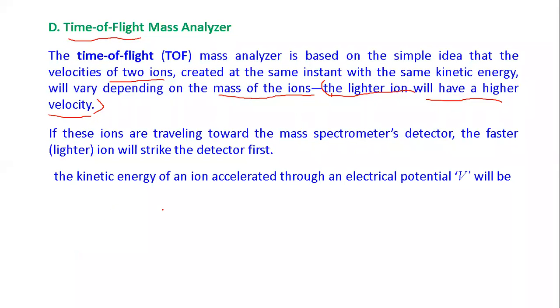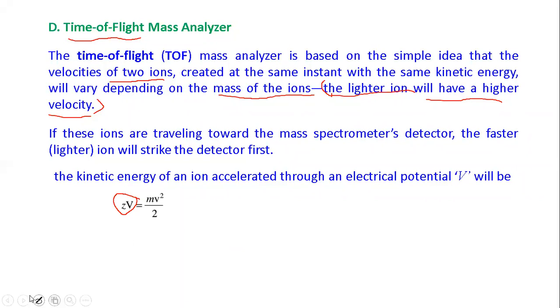The kinetic energy of an ion accelerated through an electrical potential V will be half mv square.